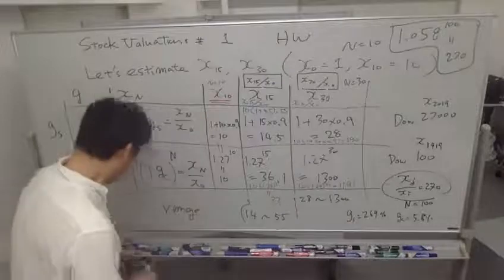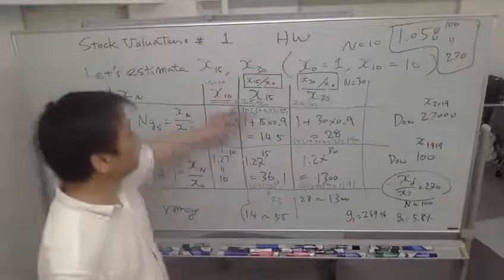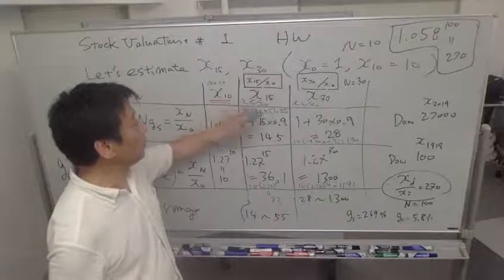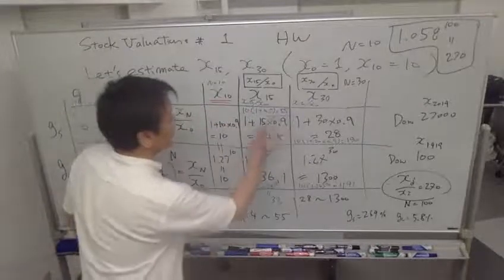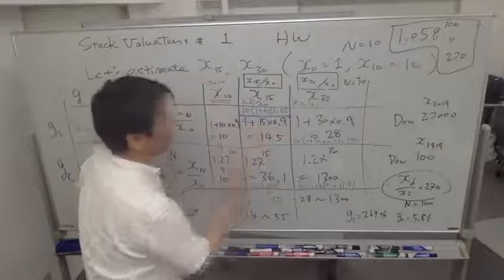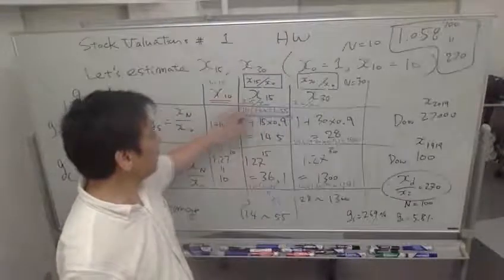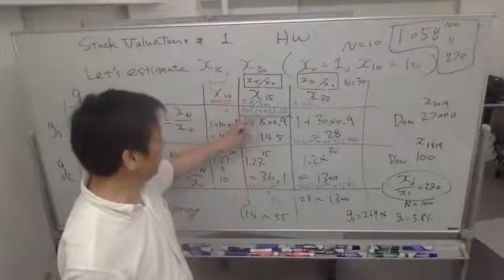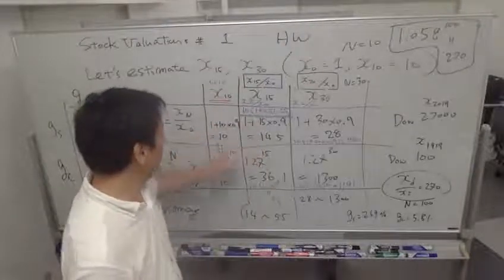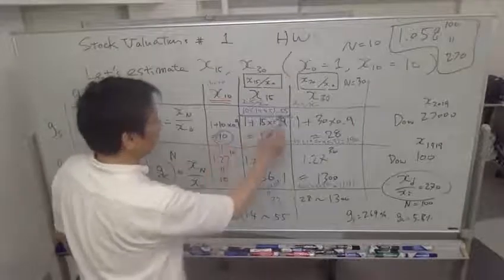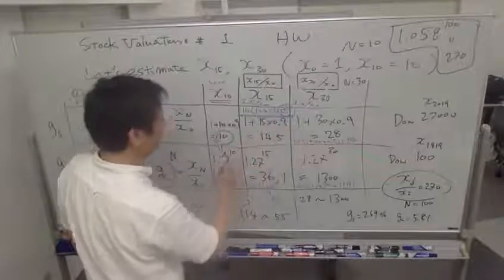So I wrote this in blue, X15 over X10. You can get different answers. In this 5-year time horizon, you can start from 10 and end up in 5 years at 55.